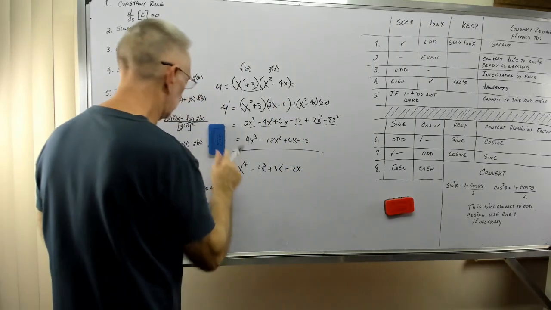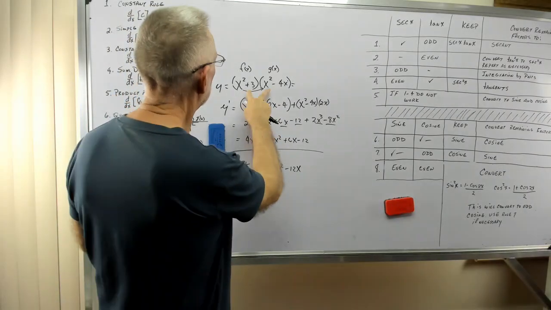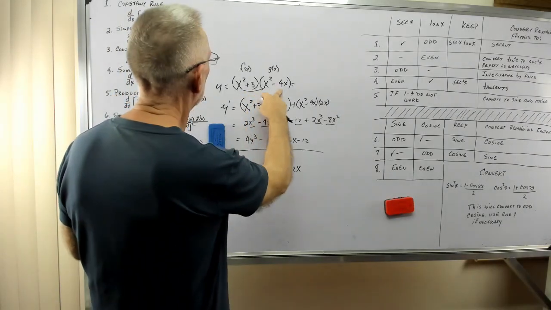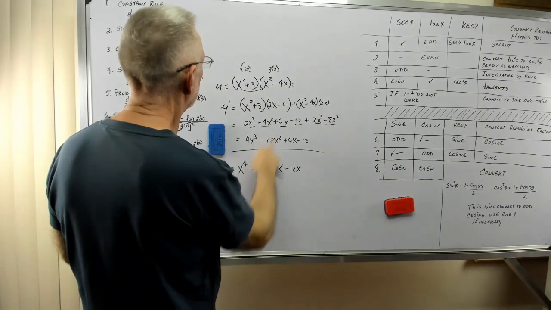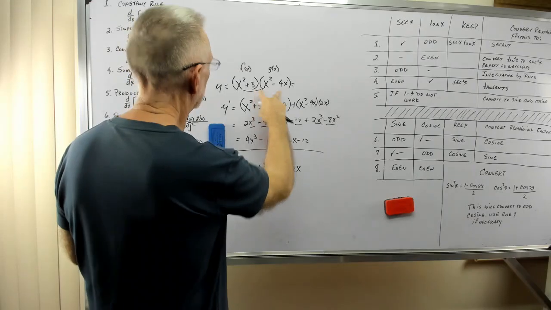All right, so that's y equals that. Make sure we did this right. X to the fourth minus 4x cubed plus 3x squared minus 12x.